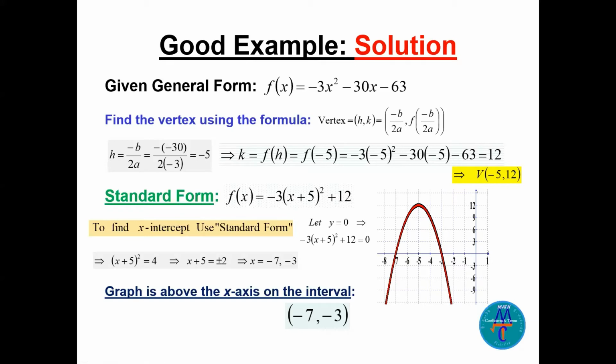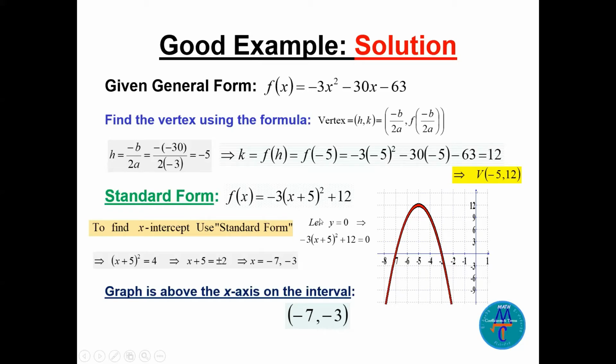If a is negative, we don't look at b and c. If a is negative, the whole parabola will open downward. If a is positive, the whole parabola will open upward. So then the vertex will be the lowest point. So this is the standard form now: minus 3 times x plus 5 squared plus 12.